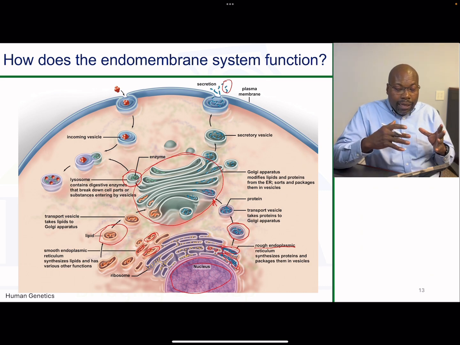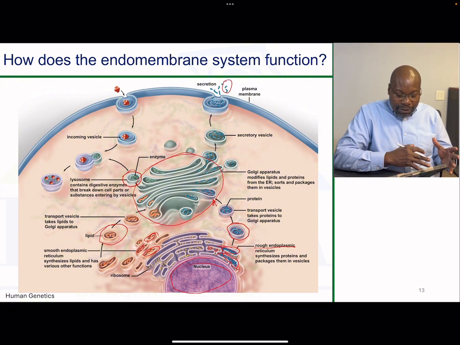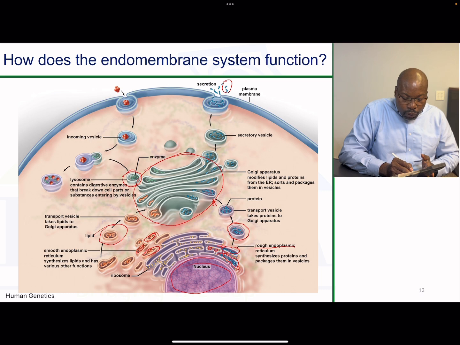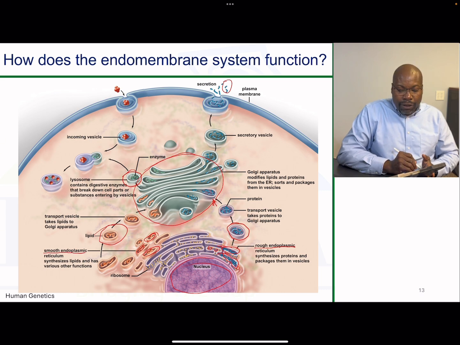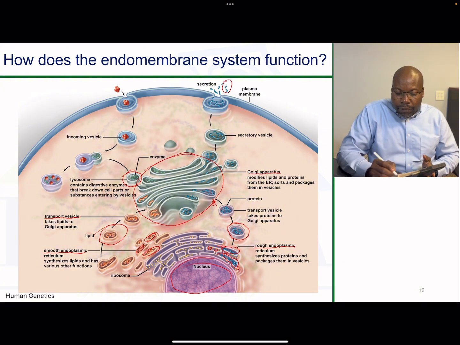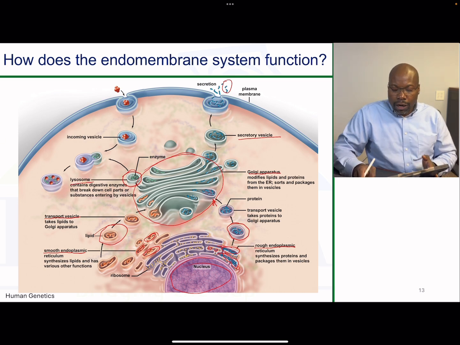Some proteins are designed to end up in the lysosomes as digestive enzymes. Okay? So please review the role of the smooth endoplasmic reticulum, the role of the transport vesicle, the role of the Golgi apparatus, the secretory vesicle, the lysosomes, please review all of that.